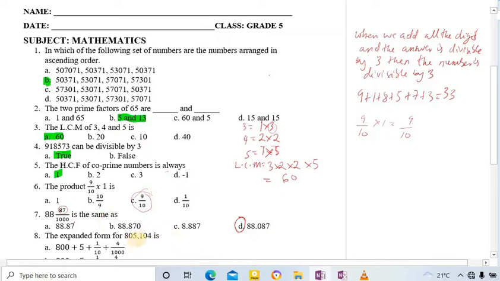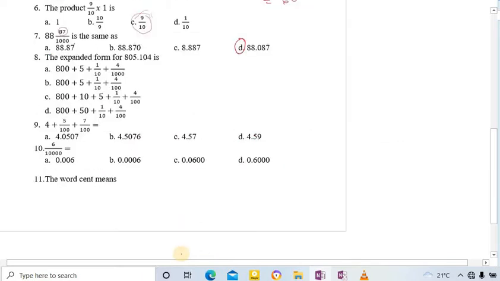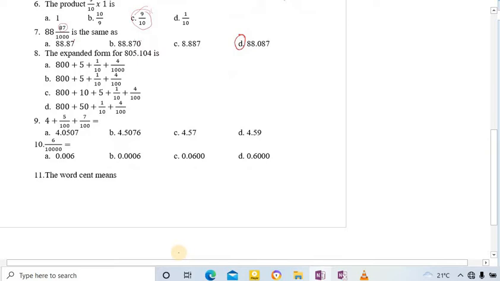Now number 8, the expanded form for 805.104 would be 800 plus 5 plus 1/10 plus 4/1000.